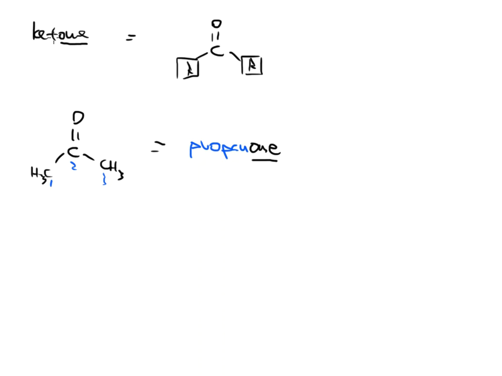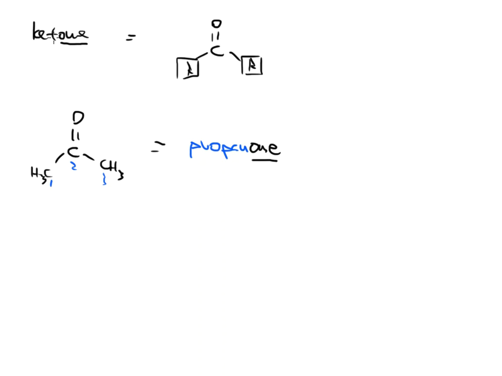I told you they're not very creative. They kind of make this common sense kind of stuff. So hopefully that's okay with you. So we're going to call this propanone. And propanone, O-N-E, means that for sure this thing is a ketone because it ends in -one.